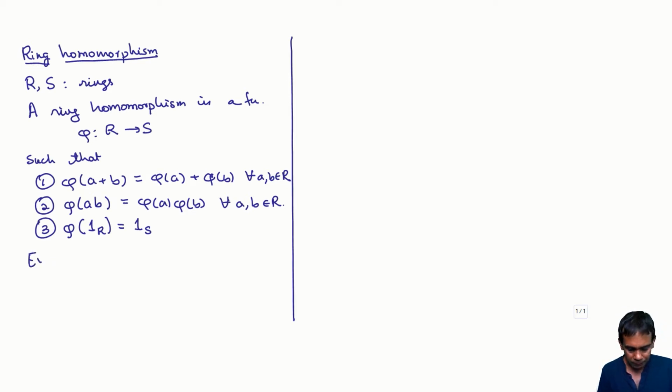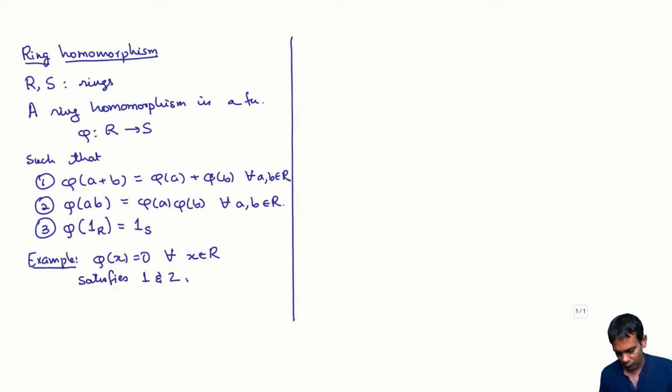For example, if you take R and S to be any rings, and you take phi of x to be 0 for all x in R, then this will satisfy 1 and 2, but it will not satisfy 3. Okay, and we can talk about isomorphism.